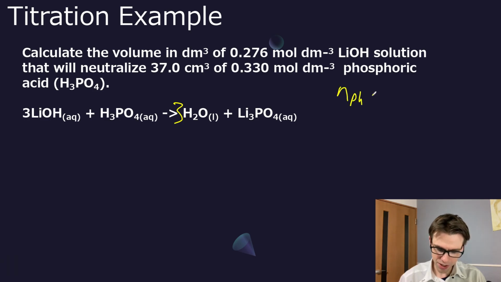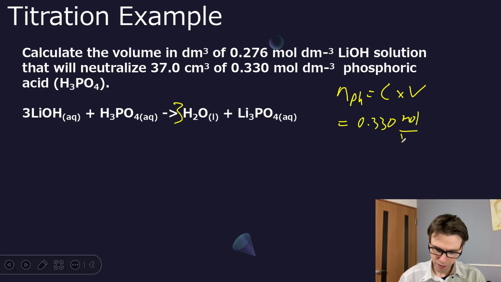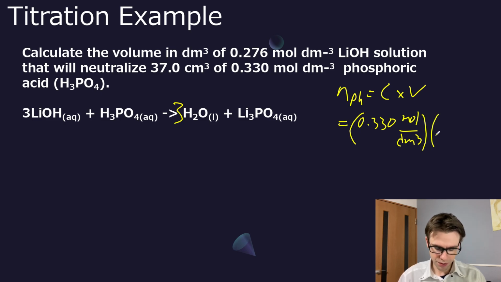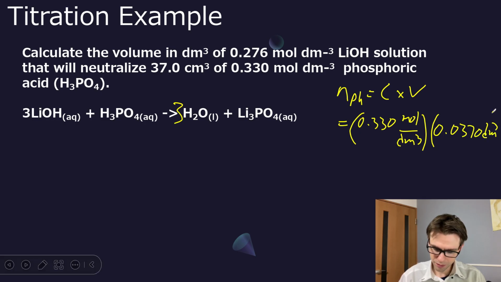Let's just call it n of phosphoric acid equals C times V, 0.330 mole per decimeter cubed times V, 37 centimeters cubed, that is 0.0370 decimeter cubed.